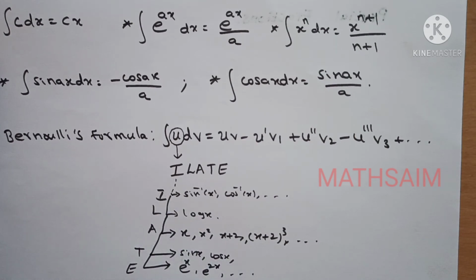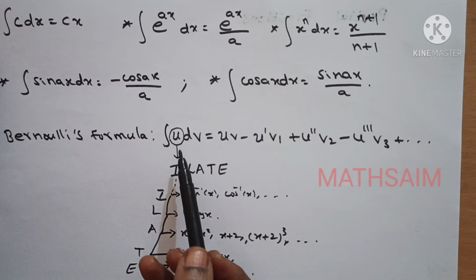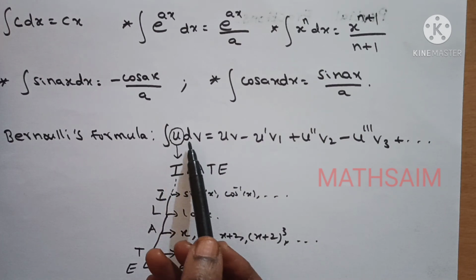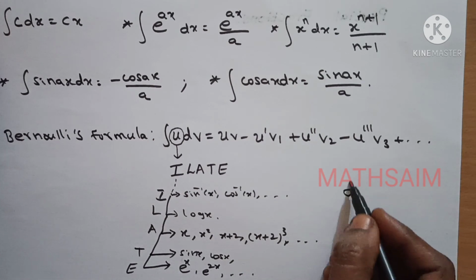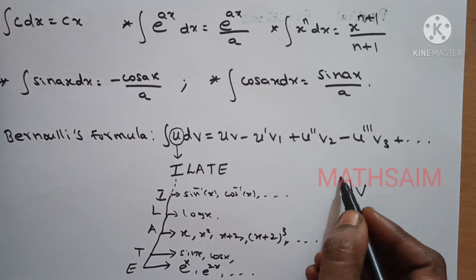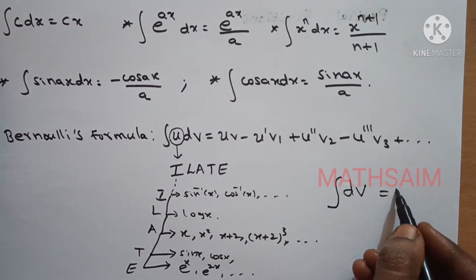In this way only I have to select the term u, and after selecting that u, the rest of the term should be considered as dv. When you are integrating that dv, you will get what? v.